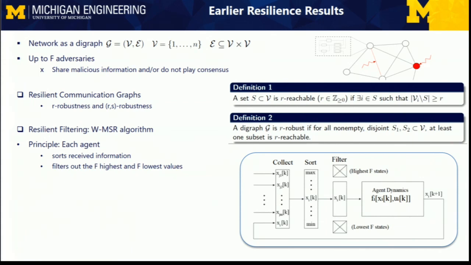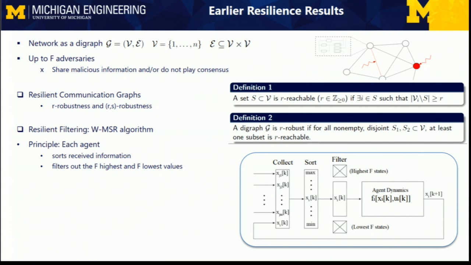So think of it as, intuitively speaking, that you are R-robust if you are connected with sufficiently many, R, neighbors outside of any possible set that you might be put in. So this is a combinatorial problem, okay?